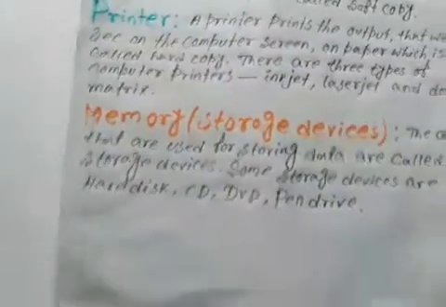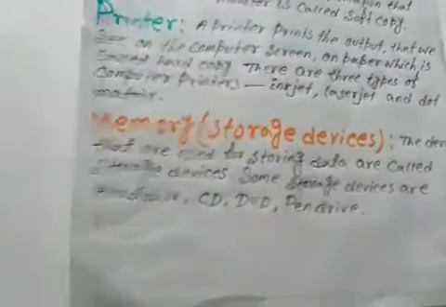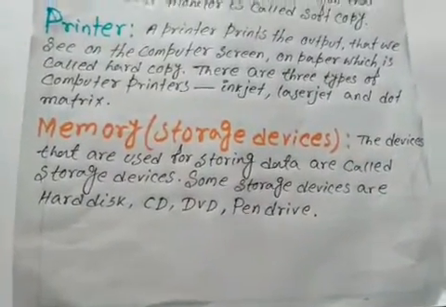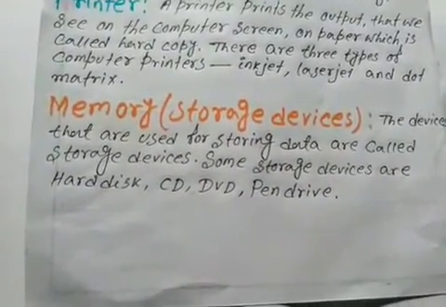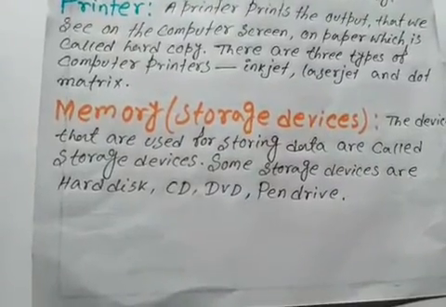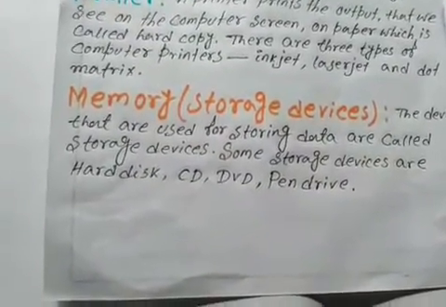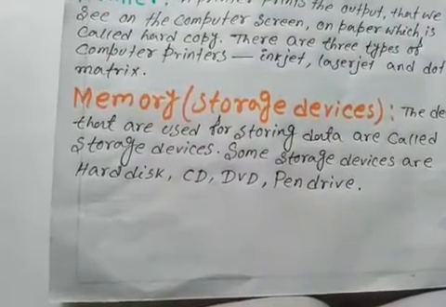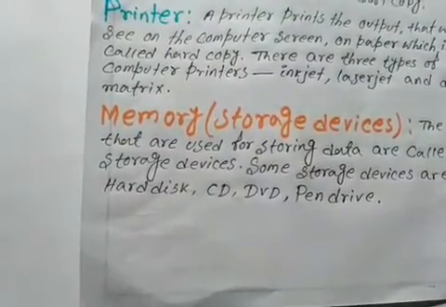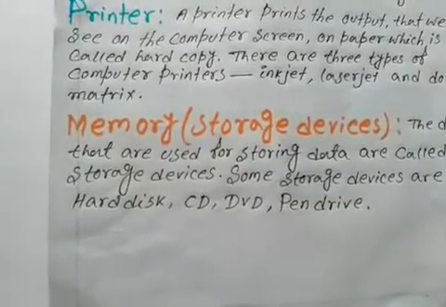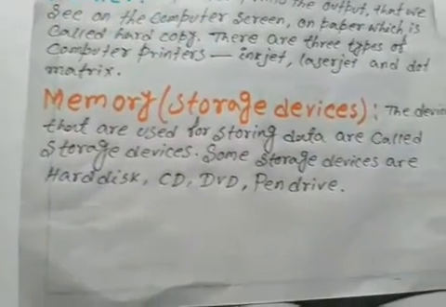Then we will discuss memory or storage devices. The devices that are used for storing data are called storage devices. Some storage devices are hard disk, CD, DVD, and pen drive. Now we will discuss each of them.